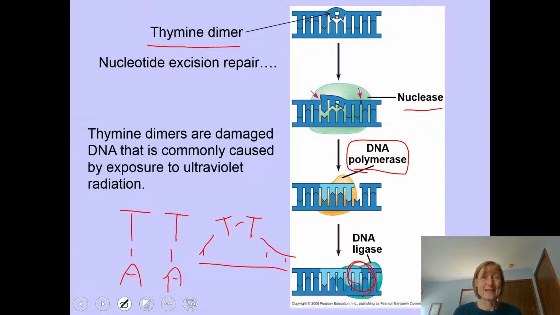Thankfully, we have these kinds of repair mechanisms so that we can prevent mutations as our cells are replicating. Right? Remember, things like cancer cells have kind of uncontrolled cell division in part because they have so many mutations in their genes that regulate cell division.